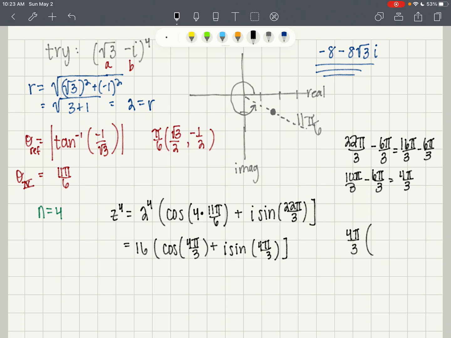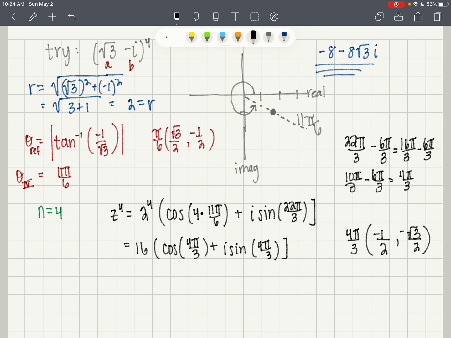You can keep it 4 times 11 pi over 6. But the fact of the matter is that you need to determine your ordered pair, and it's easiest to do that by finding the coterminal angle 4 pi over 3. So we've got 1/2, square root of 3 over 2, and 4 pi over 3 is going to be in quadrant 3, so both of these are negative.